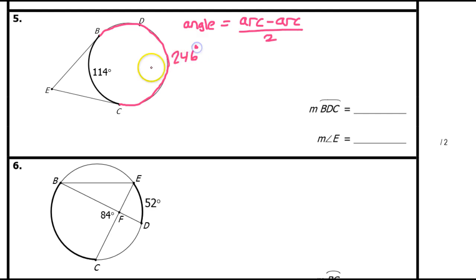So this red arc is 246. So that is the big arc. So angle E, I think I'll just call that X for right now. So that gives us X is equal to 246, the big arc, minus the small arc, 114, divided by 2.